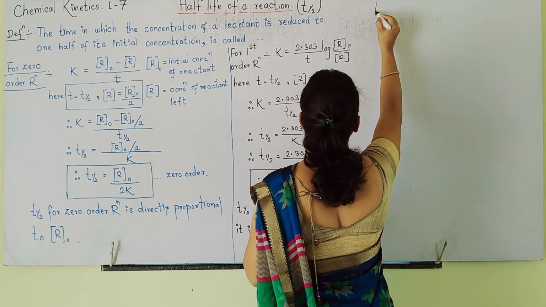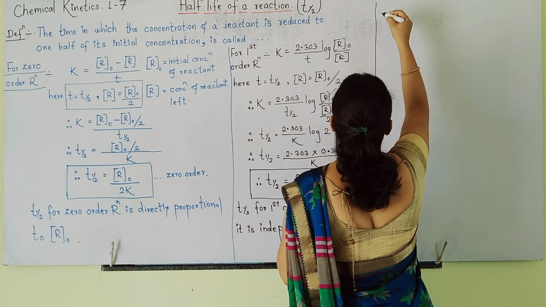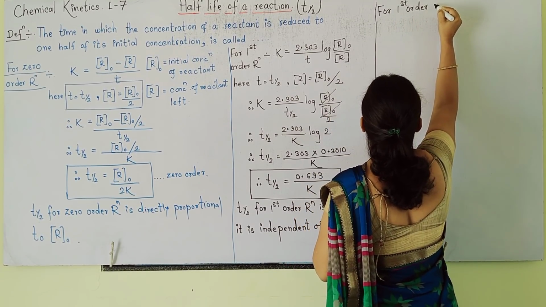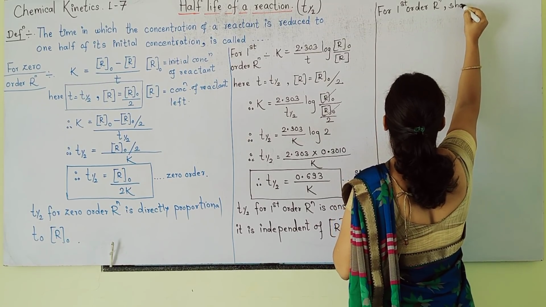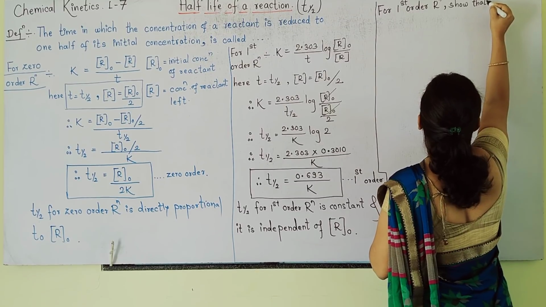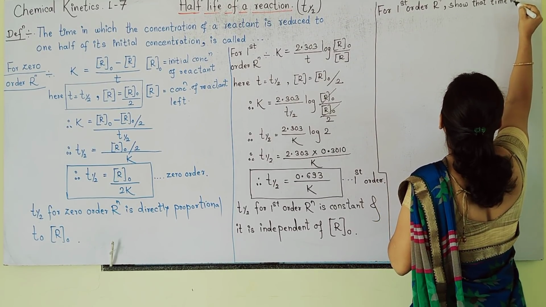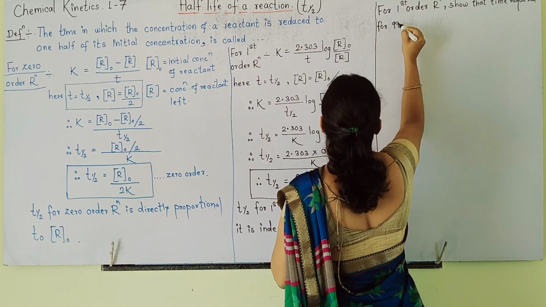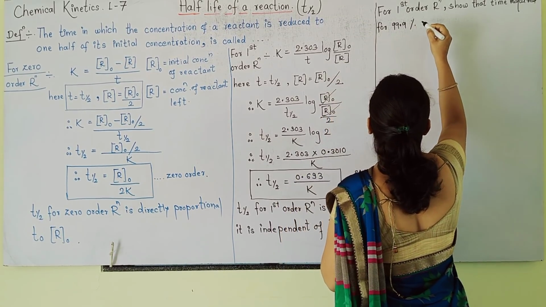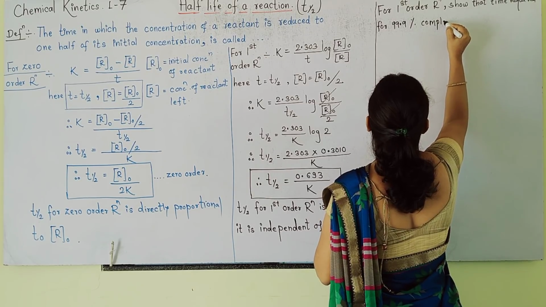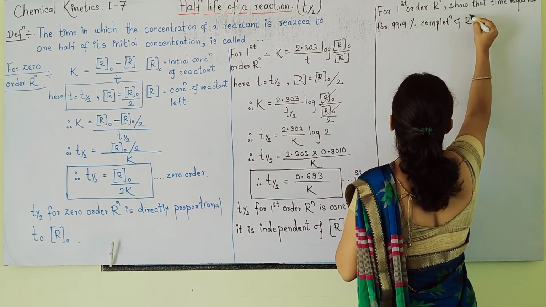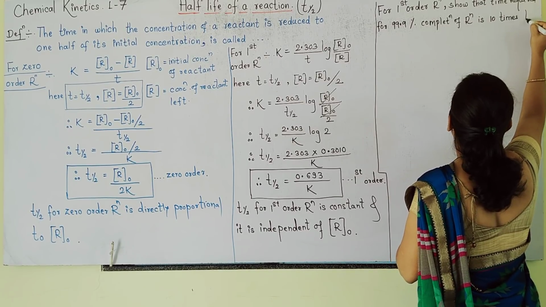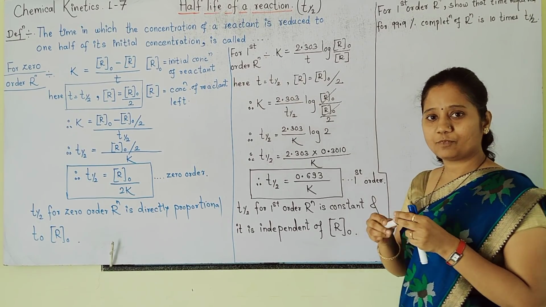The third question which is asked: for a first order reaction, show that the time required for 99.9% completion of the reaction is 10 times the half-life.